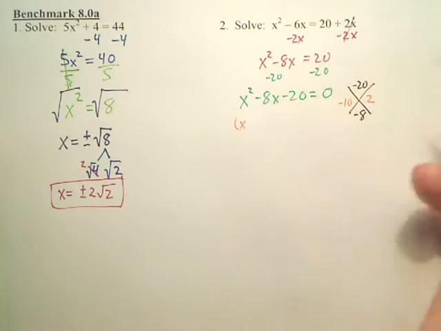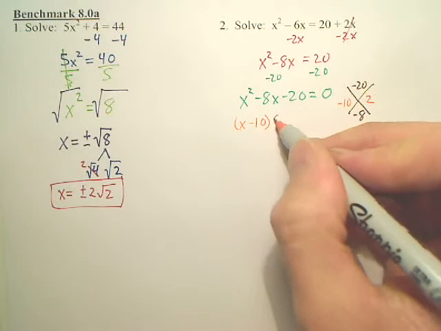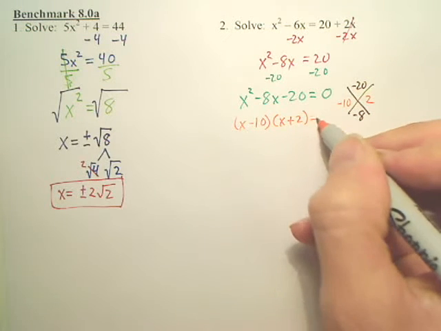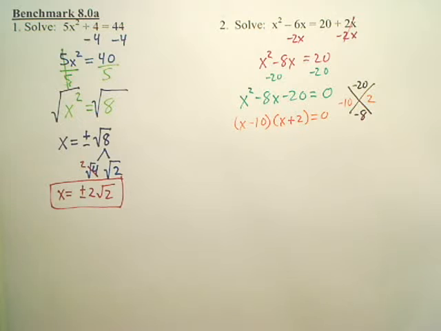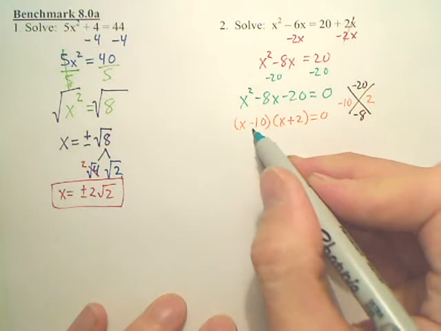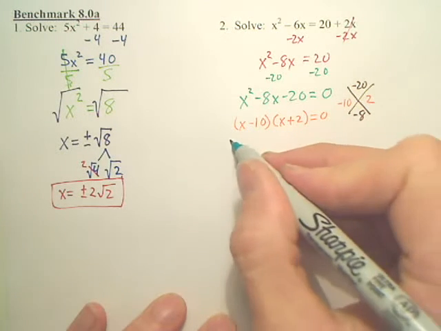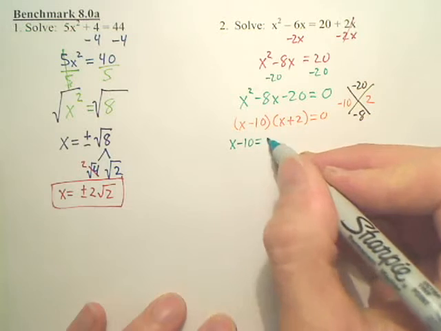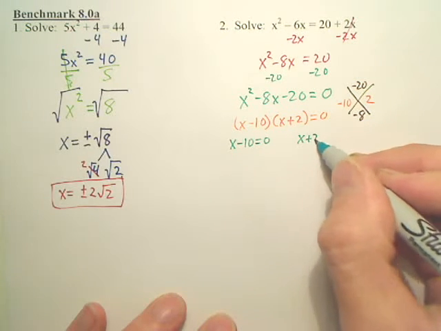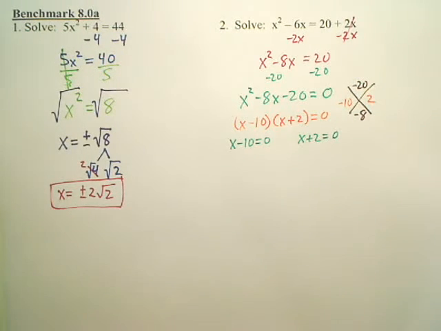So that would be x minus 10, x plus 2 equals 0. And from there, what you hopefully notice is that either this or this has to equal 0. So either x minus 10 has to equal 0, or x plus 2 has to equal 0.